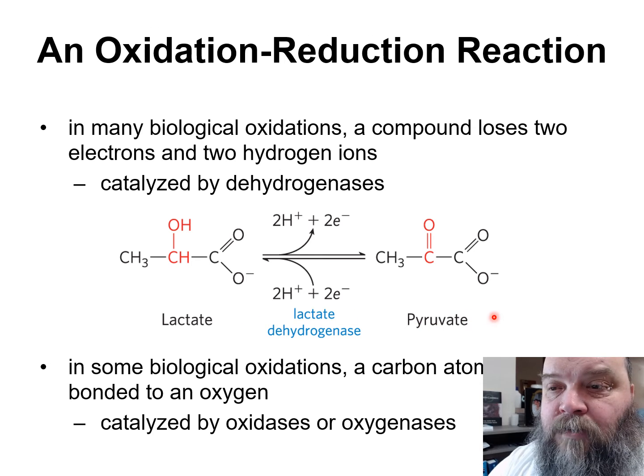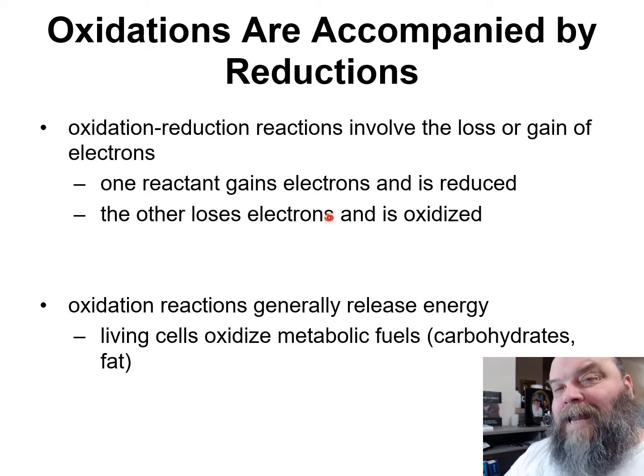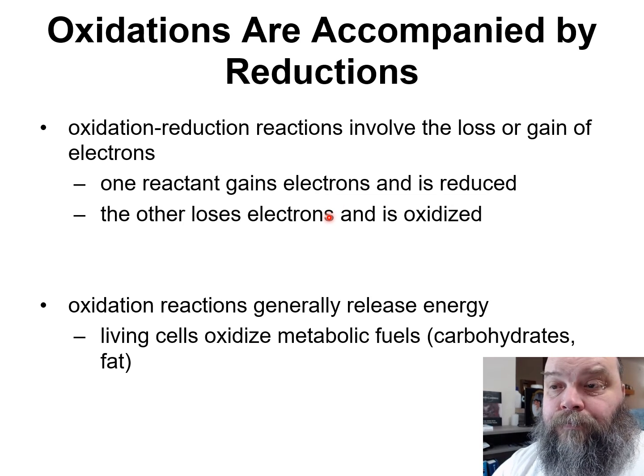So lactate dehydrogenase can take pyruvate, turn it into lactate, take lactate, turn it back into pyruvate. Back and forth. The difference is right here at carbon 2. Carbonyl, hydroxyl. Hydroxyl, back to carbonyl. The oxidation reduction, you cannot have one without the other, okay?